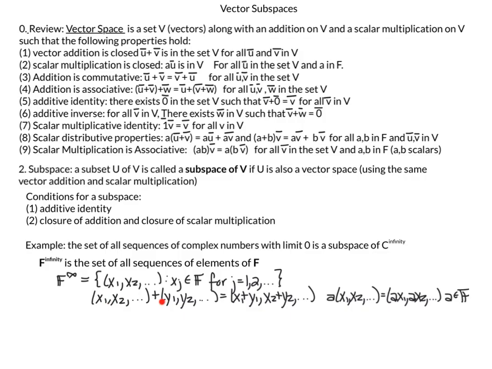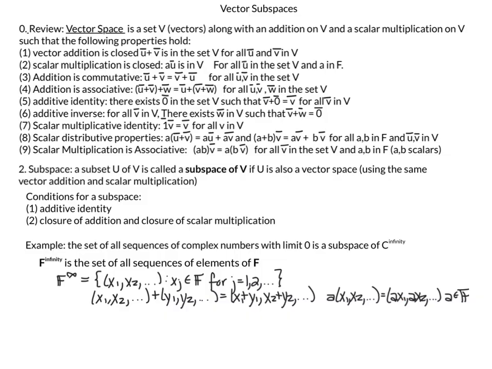And we have our addition of these sequences as it looks like vector addition. It's component by component. So if we have this infinite sequence of real numbers here, and another infinite sequence of real numbers, then to add them, we add x1 to y1, x2 to y2, x3 to y3, etc. And then scalar multiplication, a times a sequence of numbers, our scalar just multiplies each coordinate.